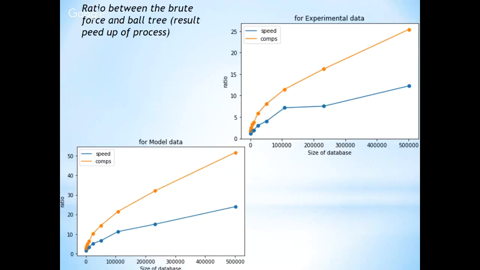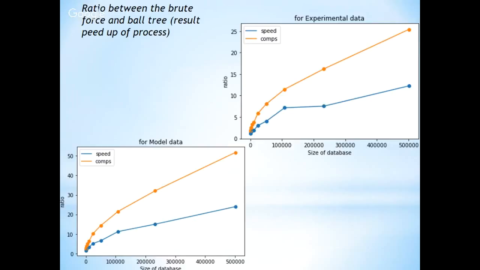data, experimental data. But the speed up is quite big as we raise the size of our database. And as my colleague told me, a database size of 500 or thousands of points is enough for quite sufficient results.